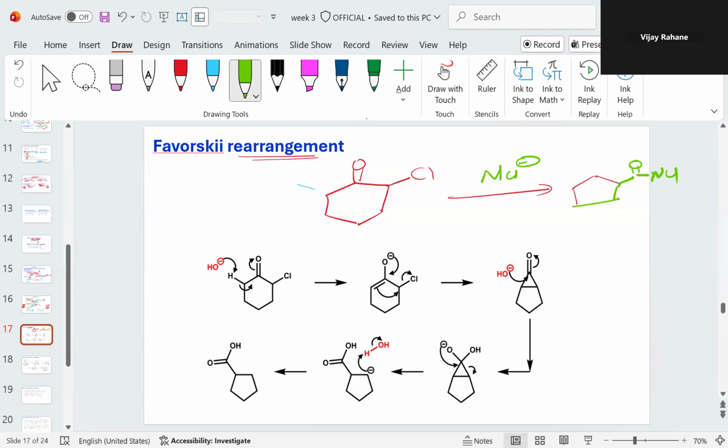This is what we get in this reaction. This Nu negative is the nucleophile. So this is the Favorskii rearrangement.